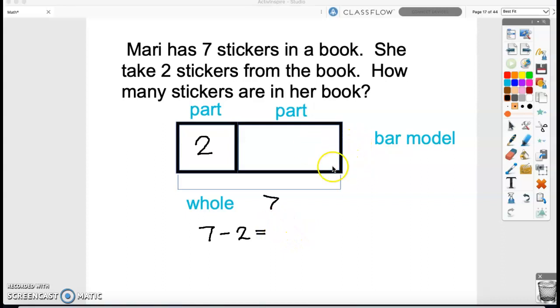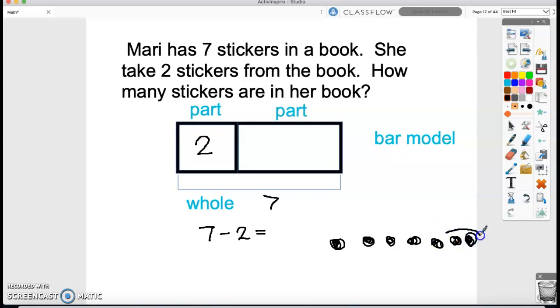So I can draw a picture to find the part. So I'm going to draw my picture. And I know that I have 7 altogether. 1, 2, 3, 4, 5, 6, 7. I know that 2 were taken away.